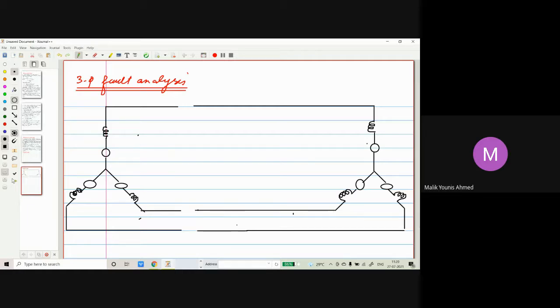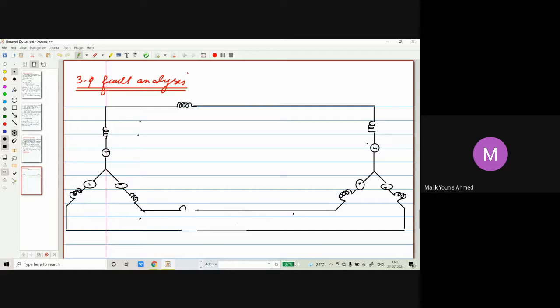So this first is the generator, this is the motor. So this also is a reactance of the transmission line.